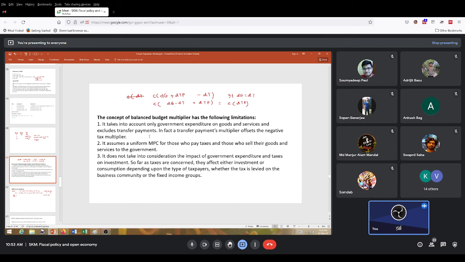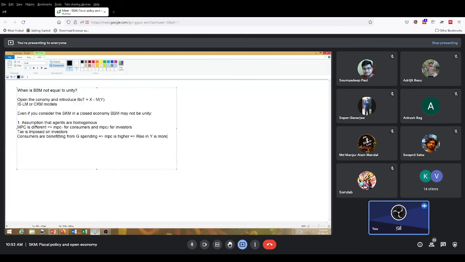Okay. The second is that you can have transfer payments. So if you have a transfer payment that is not taxed, okay, demand is going to go up.